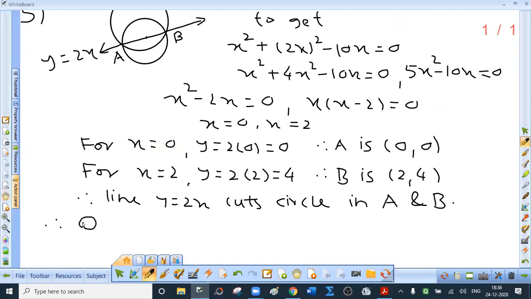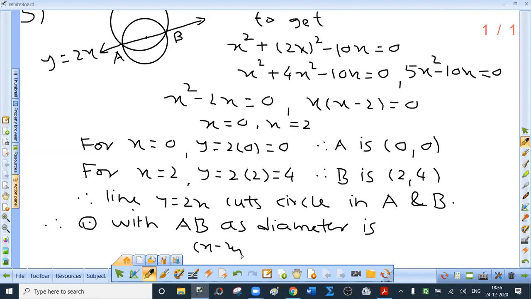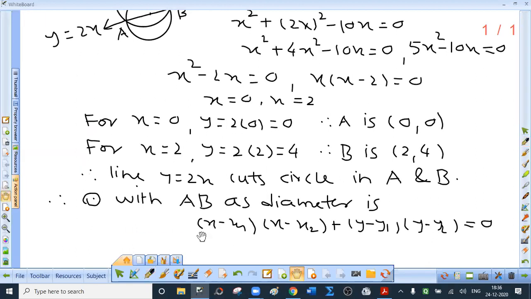Therefore, the circle with AB as diameter is, I will write this, (x minus x1)(x minus x2) plus (y minus y1)(y minus y2) equal to 0.